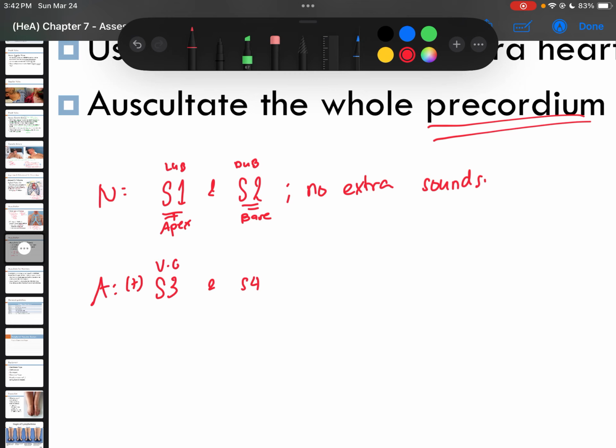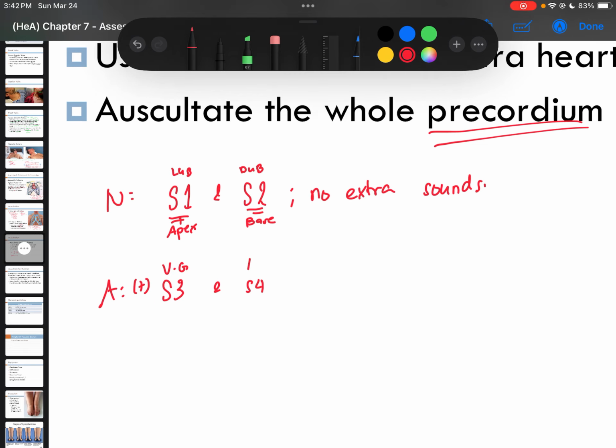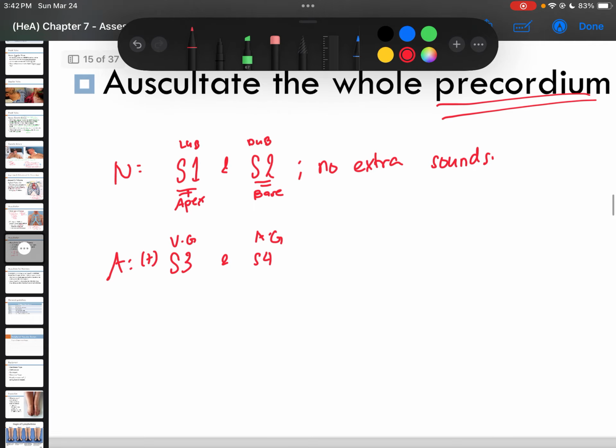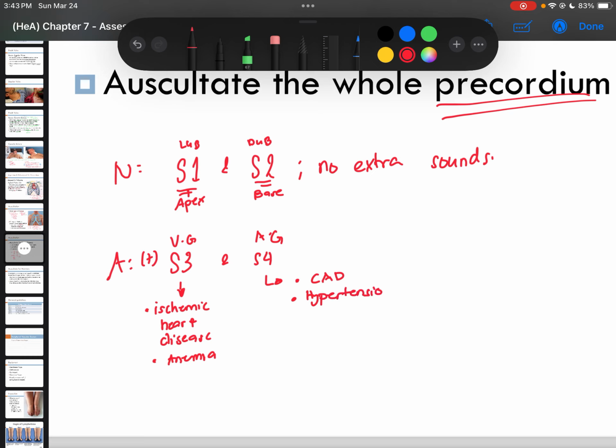S3 is your ventricular gallop, while S4 is your atrial gallop. S3 is caused by a few diseases, among which are ischemic heart disease and anemia. S4 could be caused by a few diseases as well, among which are coronary artery disease and hypertension.